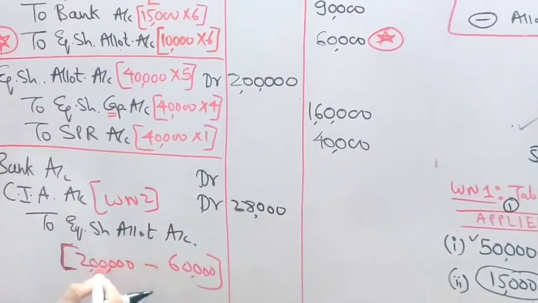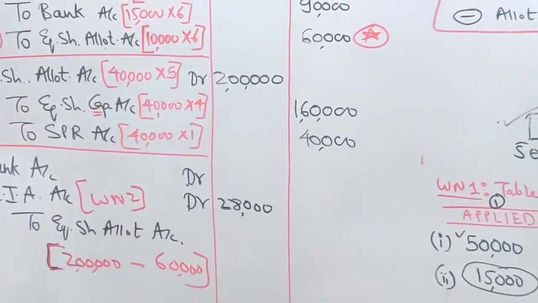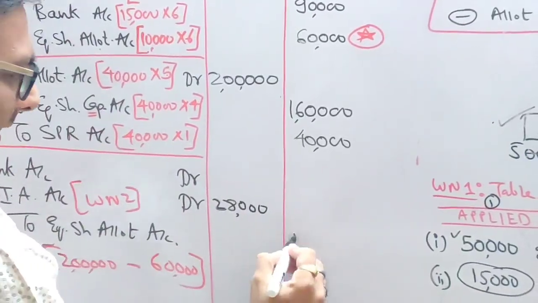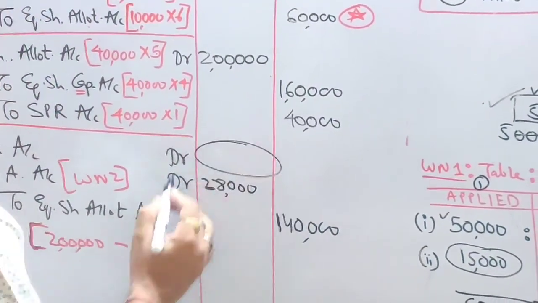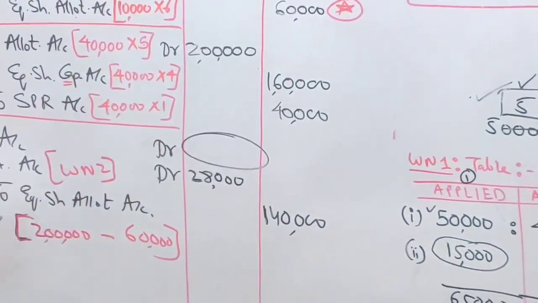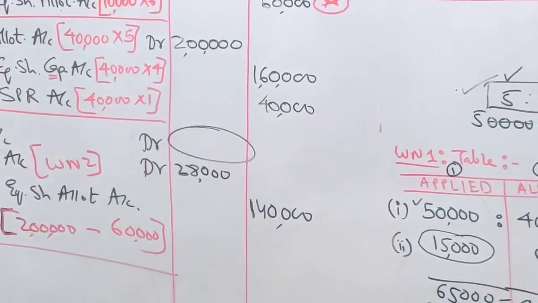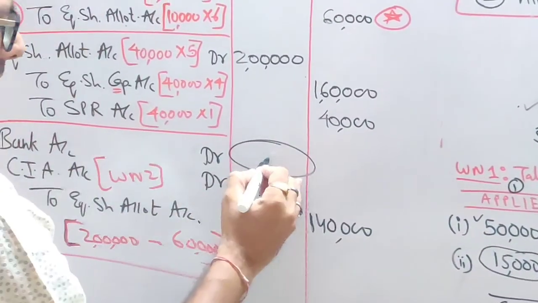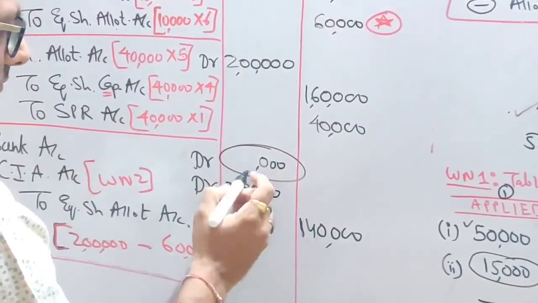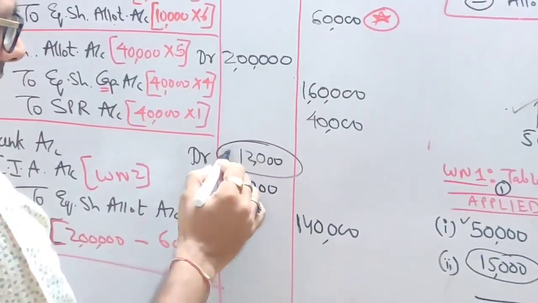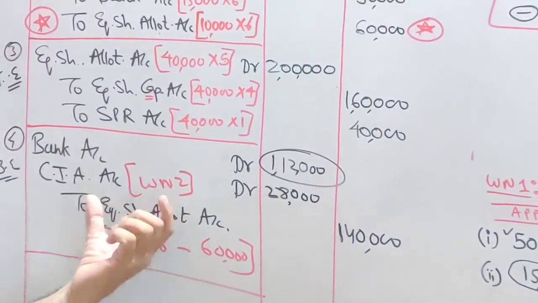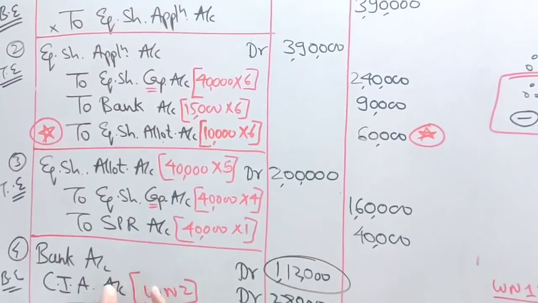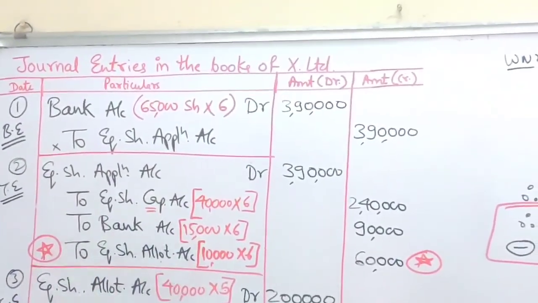So I am adjusting it against the allotment of 2 lakh rupees. So how much are we expecting? 1,40,000. The balance amount you have received after the arrear of Mr. Mohan. So what is the balance amount, students? 1,12,000. So this is how you will have to do a personal working note whenever it is a pro rata sum and there is an arrear at the time of allotment.